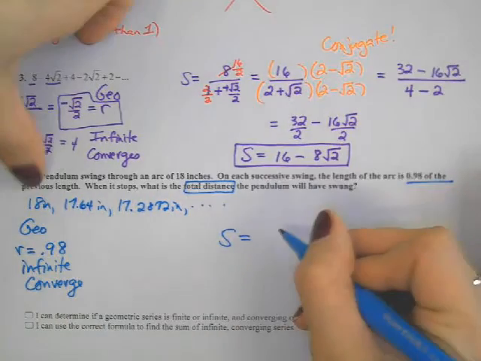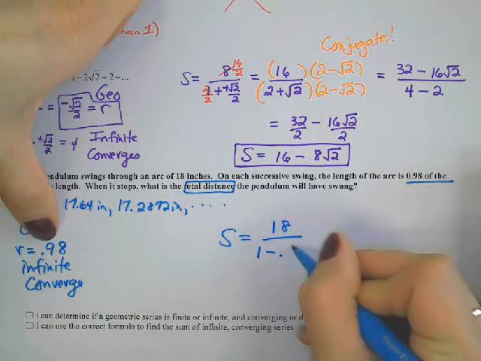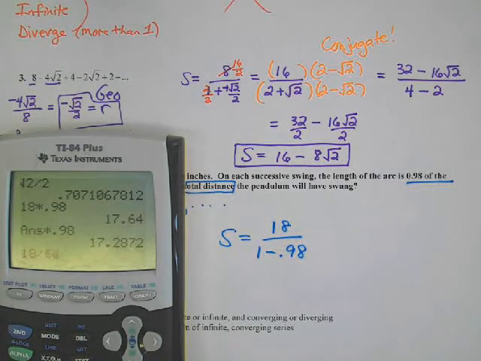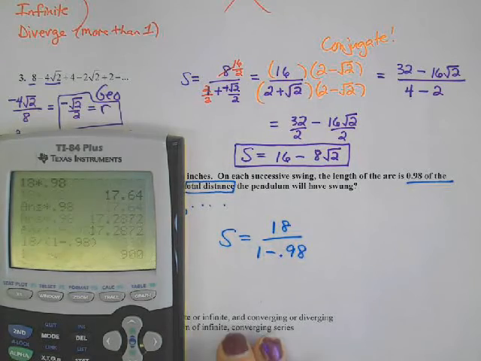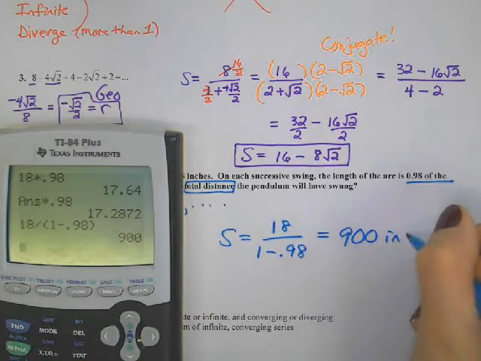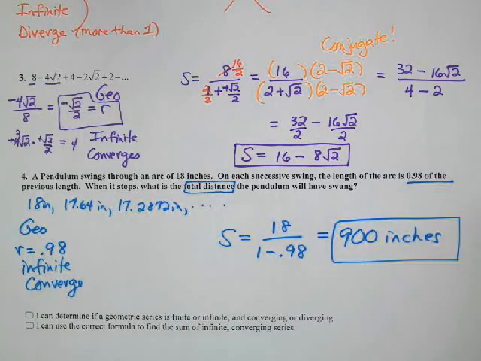The sum is A1, 18, over 1 minus r, which is 0.98. 18 divided by 1 minus 0.98 is 900 inches. Make sure you use some units.